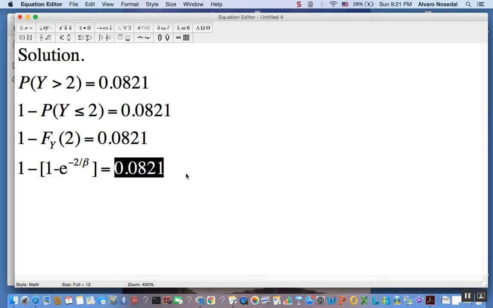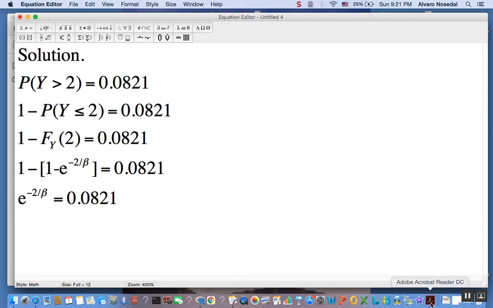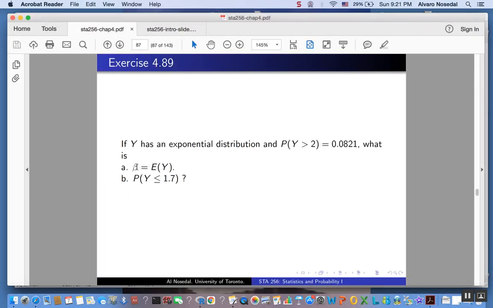equals 0.0821. Nice. So we have 1 minus 1, 0, minus times minus, that's a plus. So we have e to the negative 2 divided by beta equals 0.0821, right? Okay. So if we go back to the problem, we want to find beta.